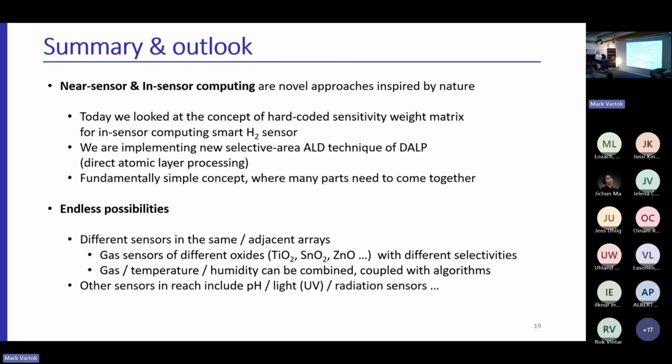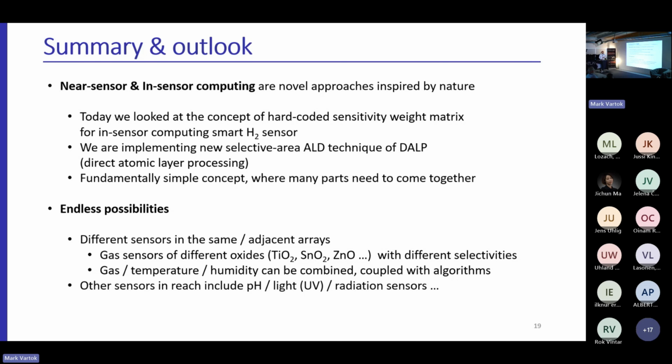So using DALP, you can not only rapidly prototype different ALD devices, you can combine different devices of different oxides and different thicknesses on the same wafer into the same neural network and get something out of it which is much more than the sum of the parts. And I think that's the key takeaway message.